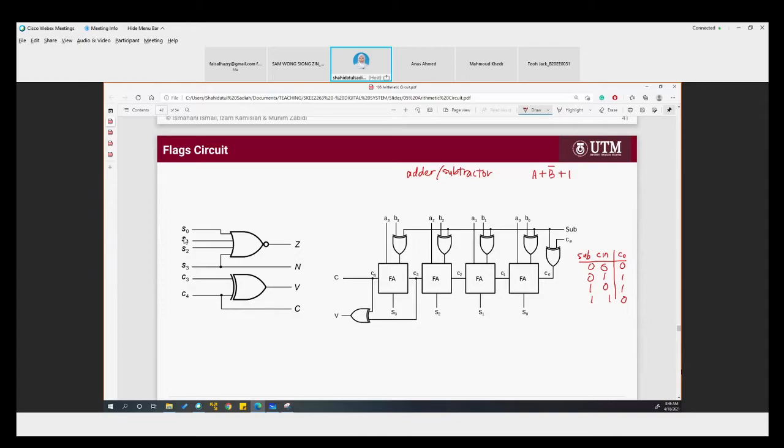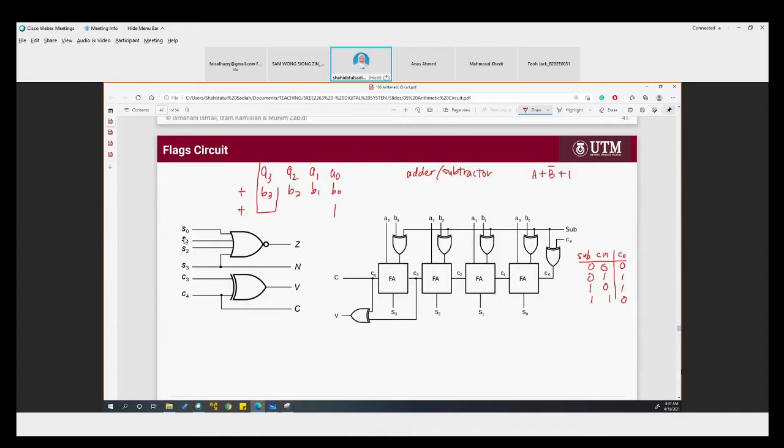So it's like if you have A3, A2, A1, A0 plus B3, B2, B1, B0, and then plus 1 here.